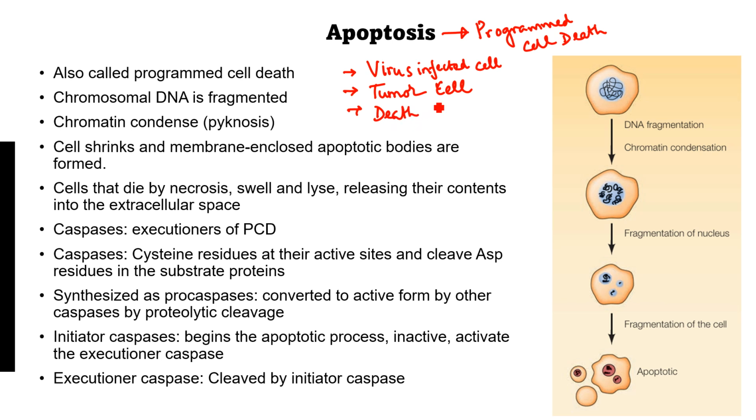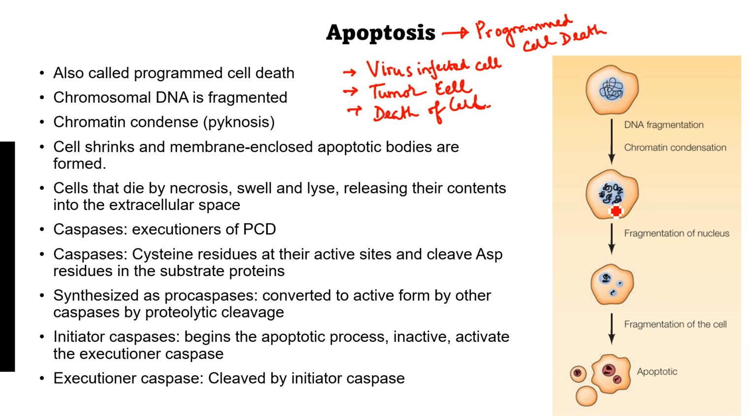So what happens in apoptosis? If you look at the process of apoptosis, in the first step, the chromatin starts condensing. You see here, the chromatin will start condensing. And in the nucleus, what happens? The nuclear lamina, I hope you remember the function of nuclear lamina.